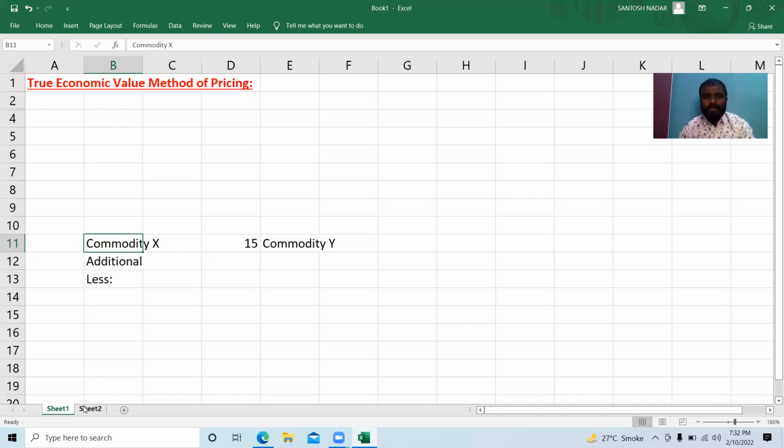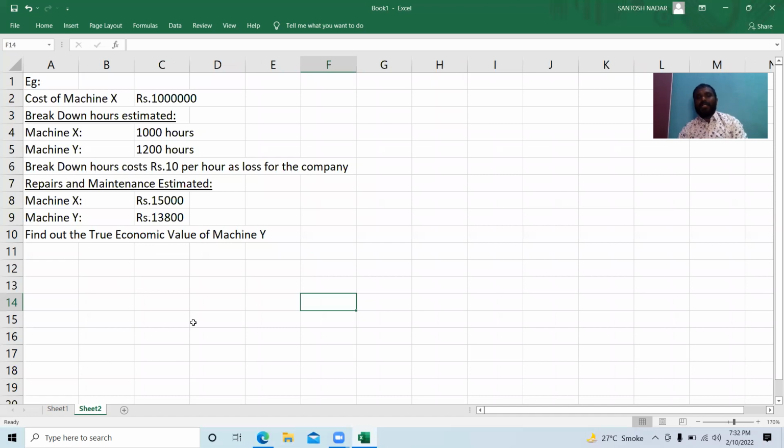I'll give an example with the help of which you can understand what exactly is the true economic value of a machine, a product, a commodity, anything that you sell. Let us take, for example, the cost of machine X. Cost of machine X means from the customer's point of view; the selling price of machine X is from the company's point of view. The selling price of machine X is rupees 10 lakhs. Now, if there is a machine, of course, it will break down sometime. It will have some breakdown hours.